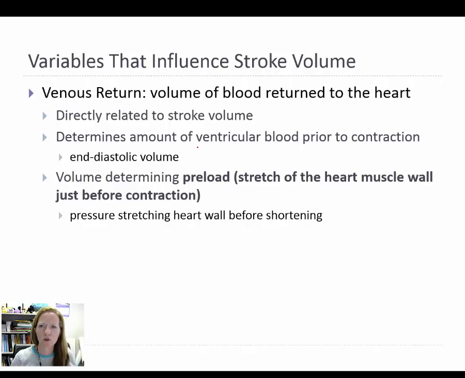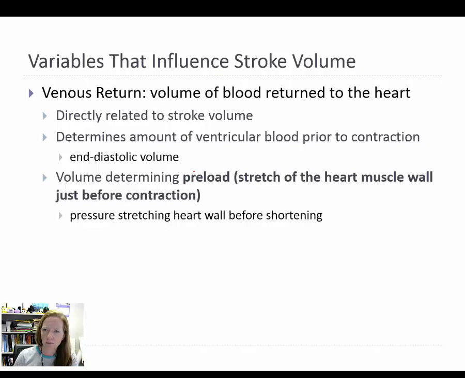And this is going to be directly related to stroke volume, because the amount that's returning to the heart is going to determine how much blood we can actually eject out of the heart. It determines the amount of ventricular blood prior to contraction, because it determines how much blood is filling up into the atria and then eventually into the ventricles.